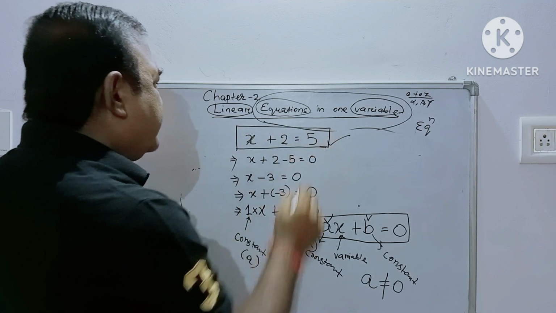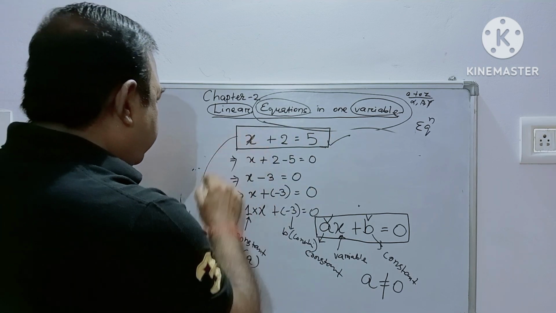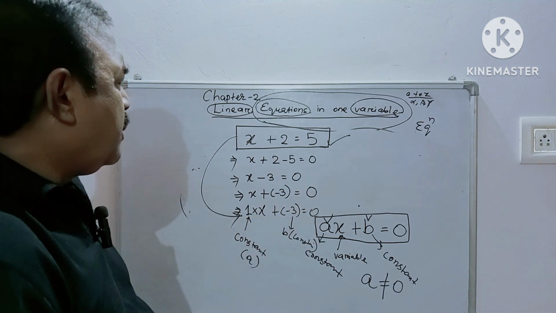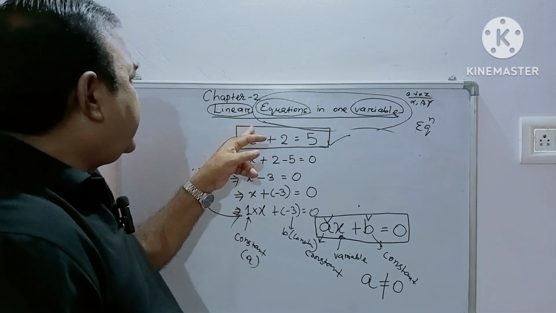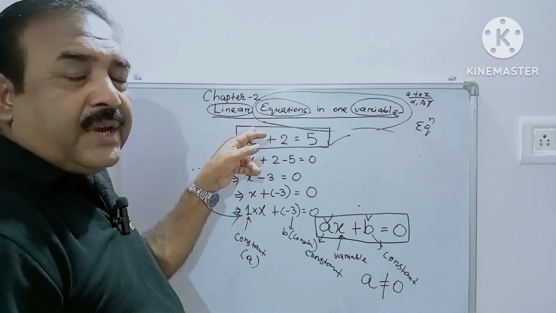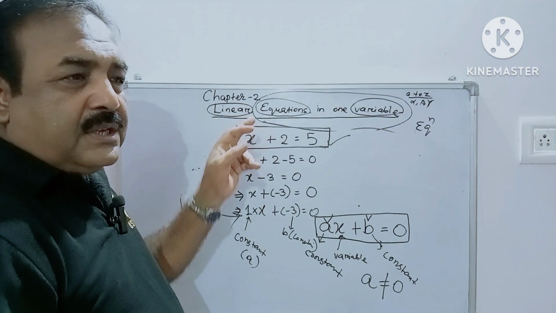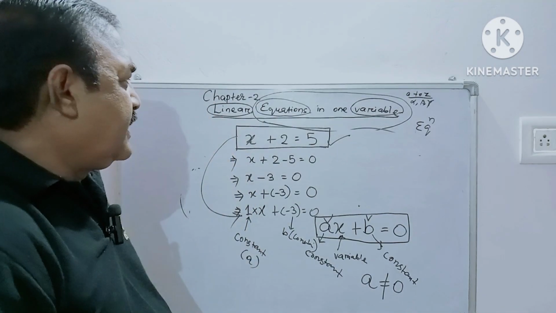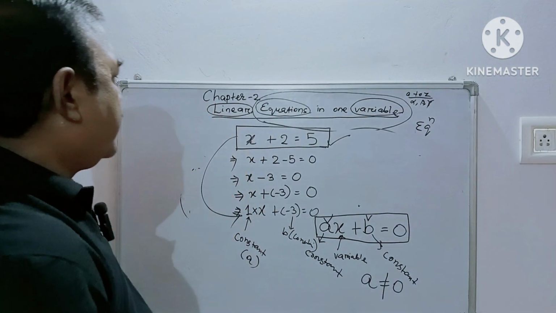We have to show it: ax + b = 0. And the most important thing is the highest power of the variable should be 1 only. It should not be more than 1. You will have to remember.